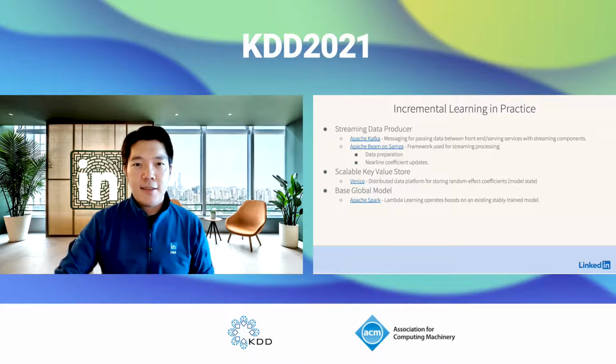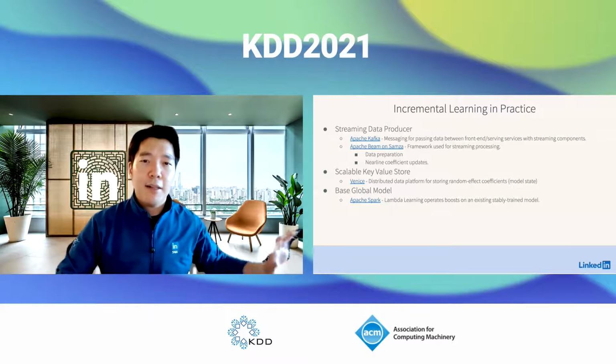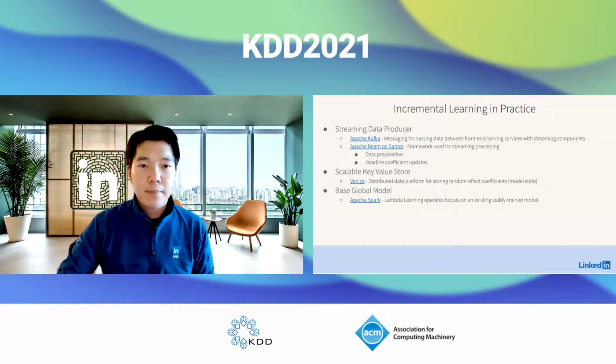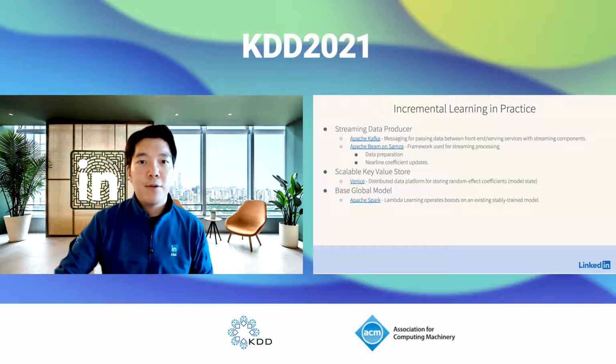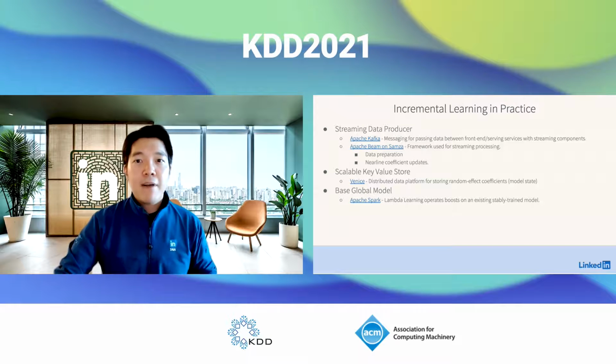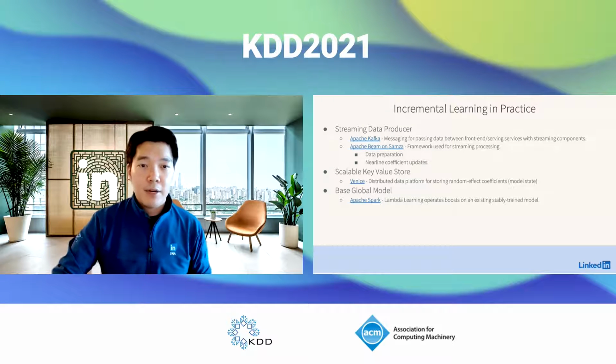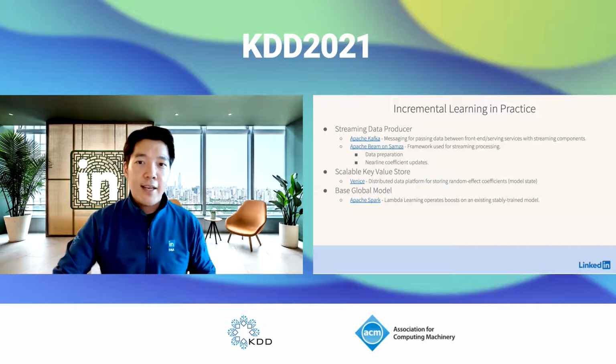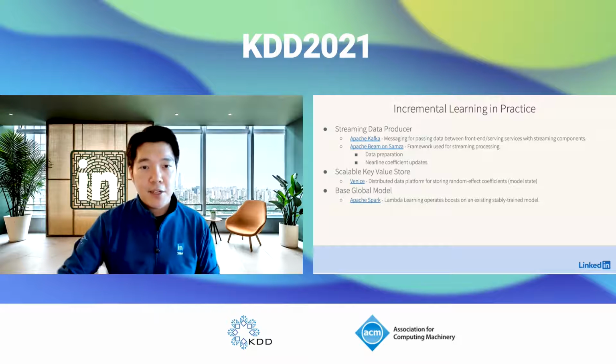The next component is a scalable key value store. The goal of the key value store is to maintain a shared state of our random effect models. This is critical for asynchronous updating as well as offline recalibration, which I'll talk about later in the presentation. Last is our offline global model. Random effect models are trained on the residuals of a generalized global model. And in our case, we train these global models using Apache Spark.